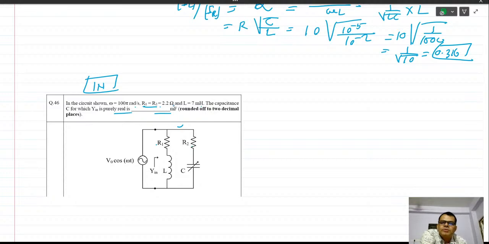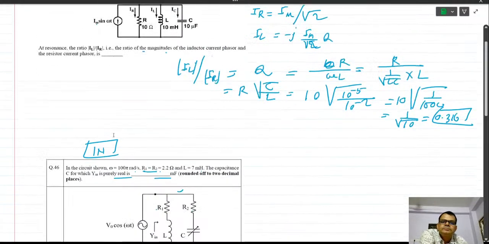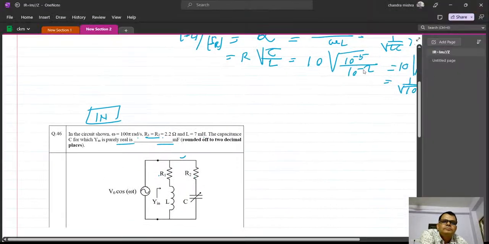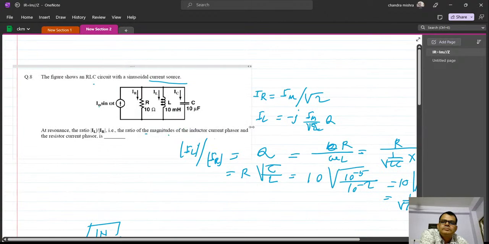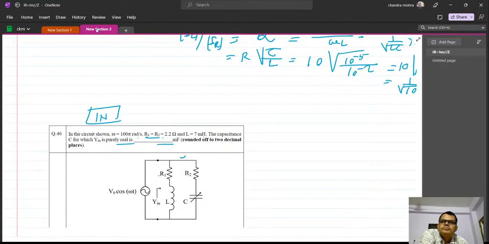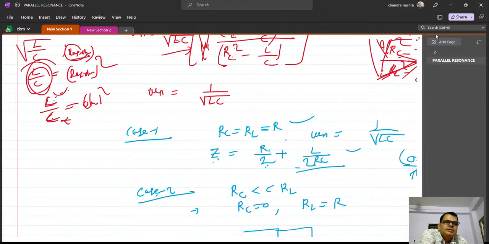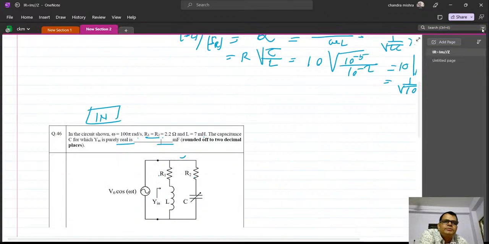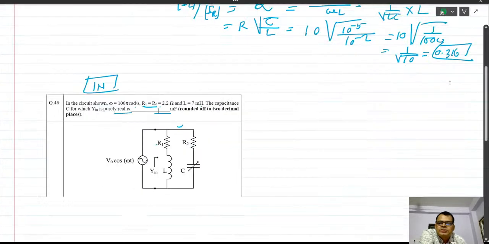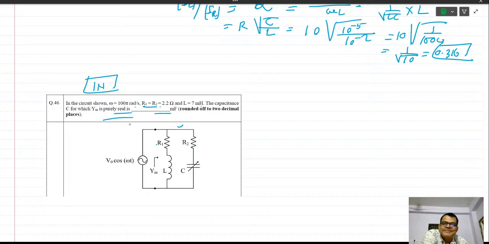The condition, case 1: RC equal to RL, so omega n equal to 1 upon root LC. See, exactly from this relation they have asked one question for you. So it turns out to be a trivial one.